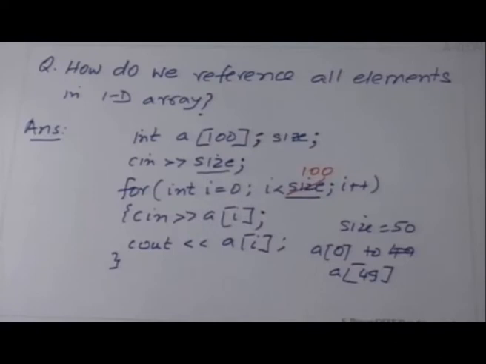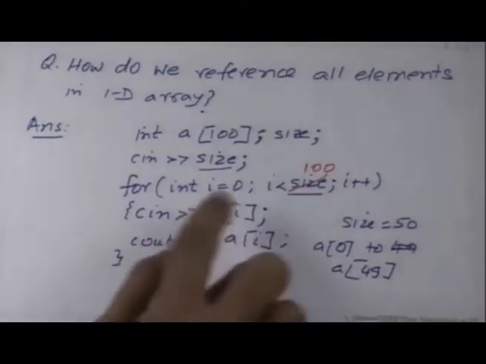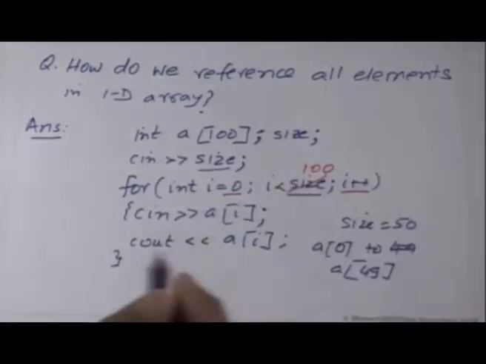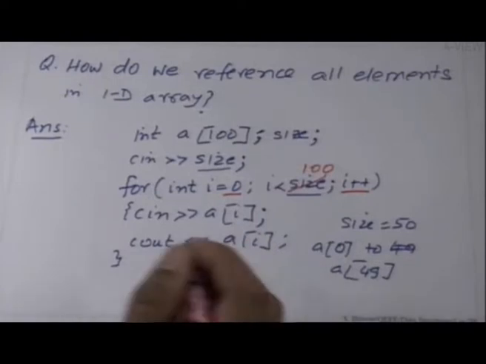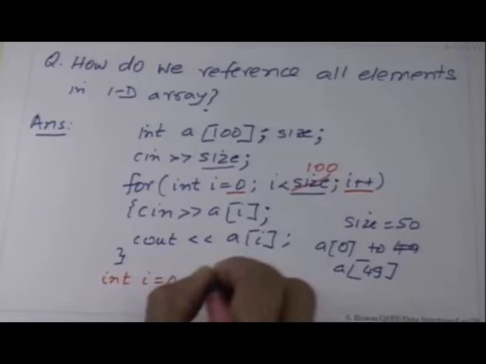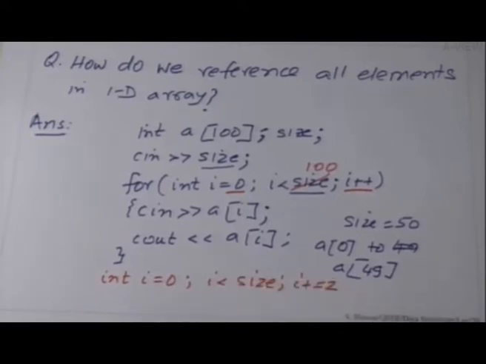Reading the elements of an array, all I have to do is set up an index, decide how many I want to read and where I want to read, and by choosing appropriate values of this variable I, you can read all the elements. If I did, for example, int I equal to 0, I less than size, and I plus equal to 2, then I will read the elements A0, then A2, then A4, or all the even locations of the array, right?